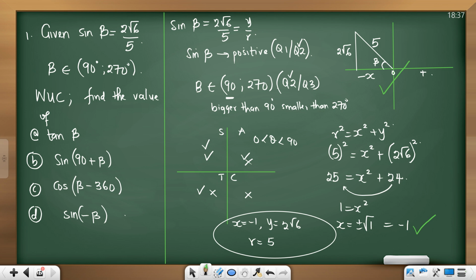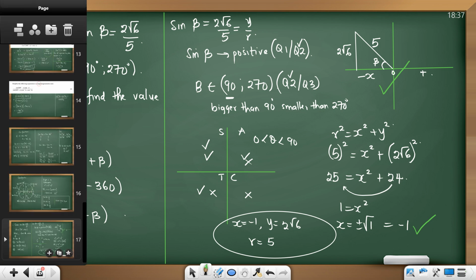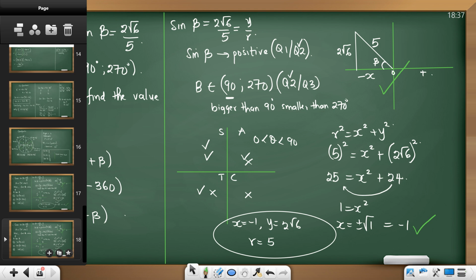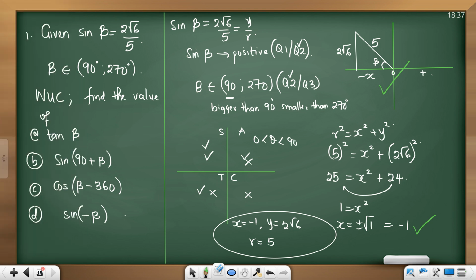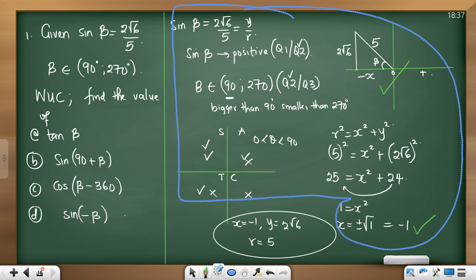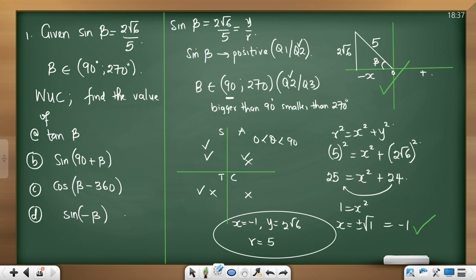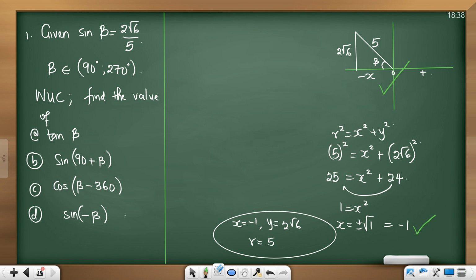So the diagram is part of your work. Now we can answer. Simple things now. Since I have my x, y, and r, I need to keep this diagram there. It's part of my work.